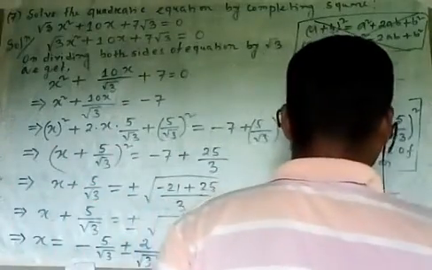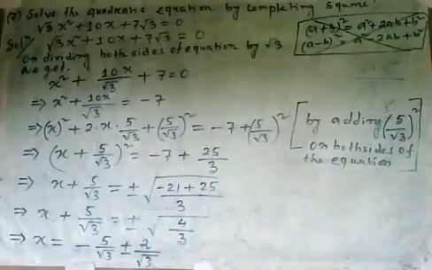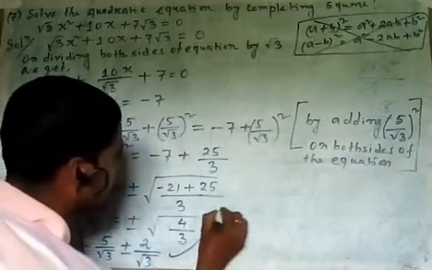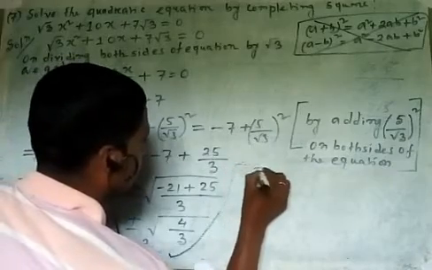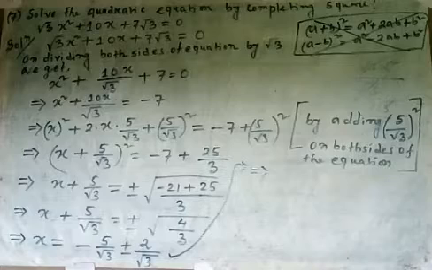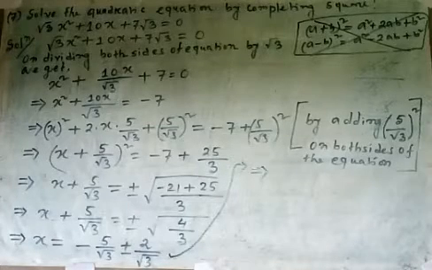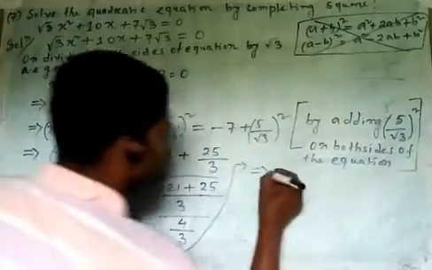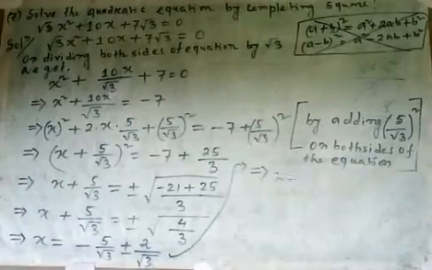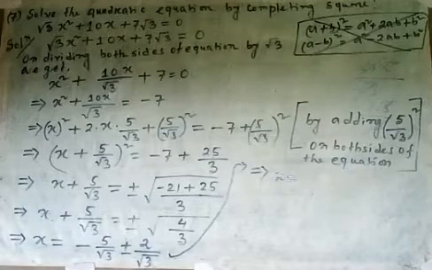Now what we can see, which implies x equals, we are getting two values of x.